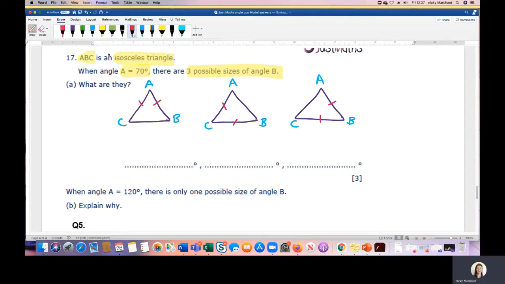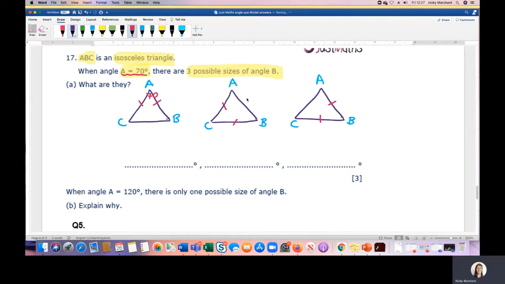Okay, so it says that angle A is 70. We absolutely know, they just told us. So 70 up here. Okay, we've got 70 here. Just lost my triangle. Put the line back in.